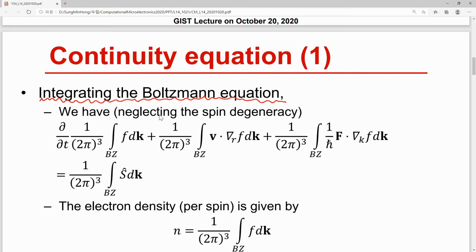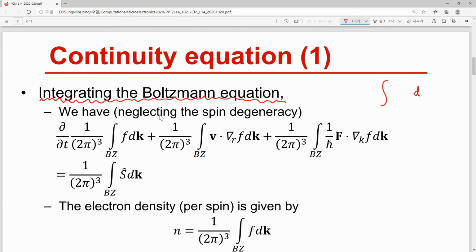When we integrate the Boltzmann equation within the k space, I will write it down in this way. Over the entire Brillouin zone, we will make an integration. And here I have introduced a certain notation, dk vector.